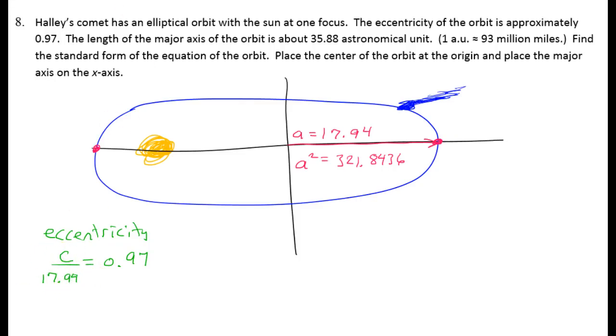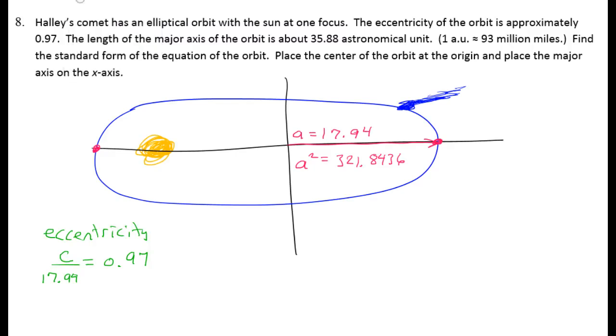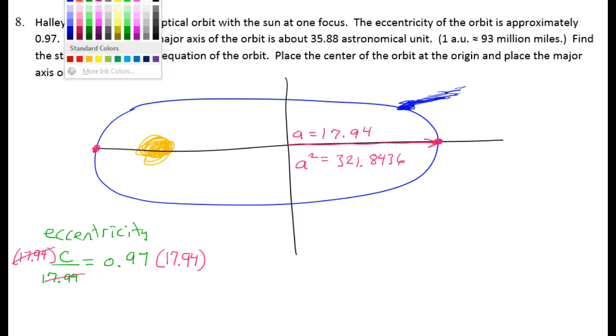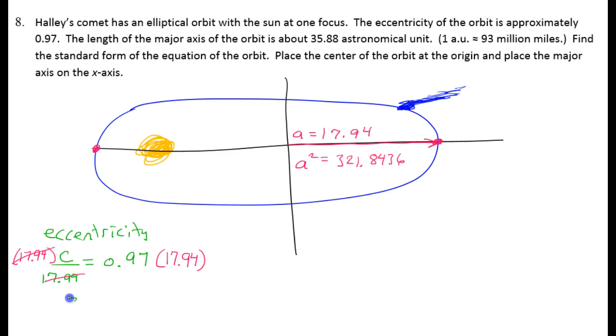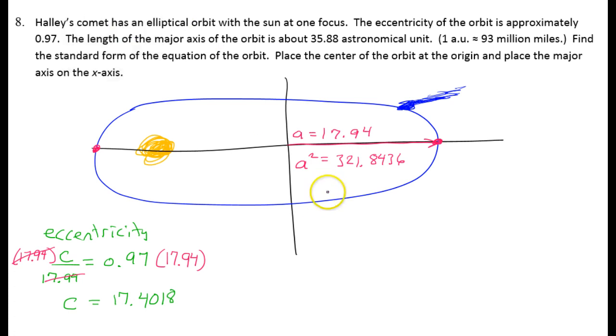I'm going to multiply both sides by 17.94. These are going to cancel each other out. So that's going to give me C equals, multiplying this together, 17.4018. That's nice, but what I really need is B, or well, B squared.